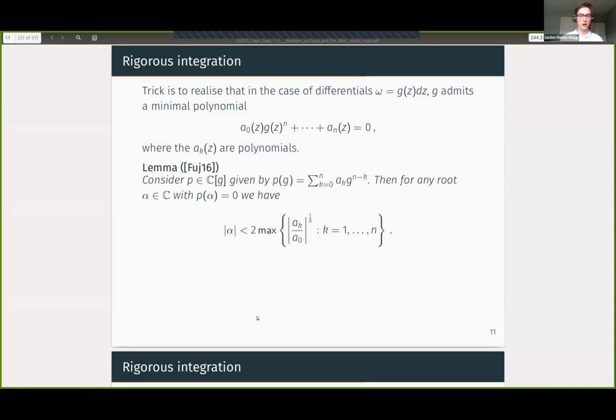We can then use Fujiwara's bound to get a bound on the roots of this polynomial in terms of its coefficients. We still have that the a naught depend on z, but if we expand these a naught, which are polynomials, on some circles, with a little bit of messing around with expansions, it turns out that you can get a genuine bound on M completely from this minimal polynomial and the data contained there.